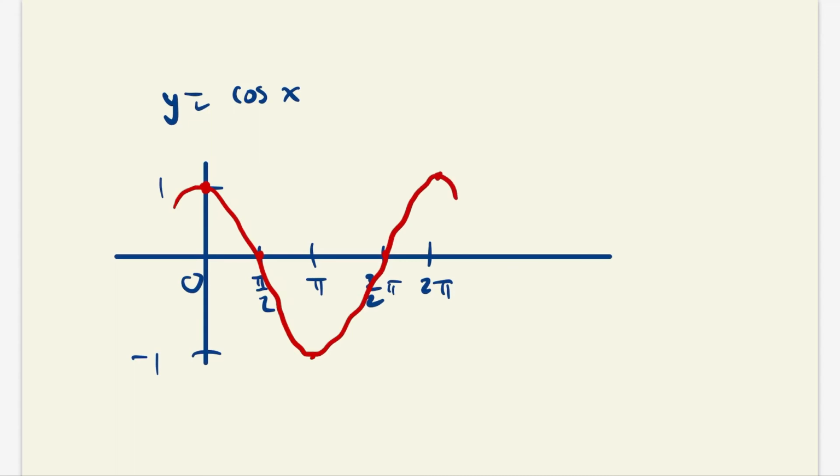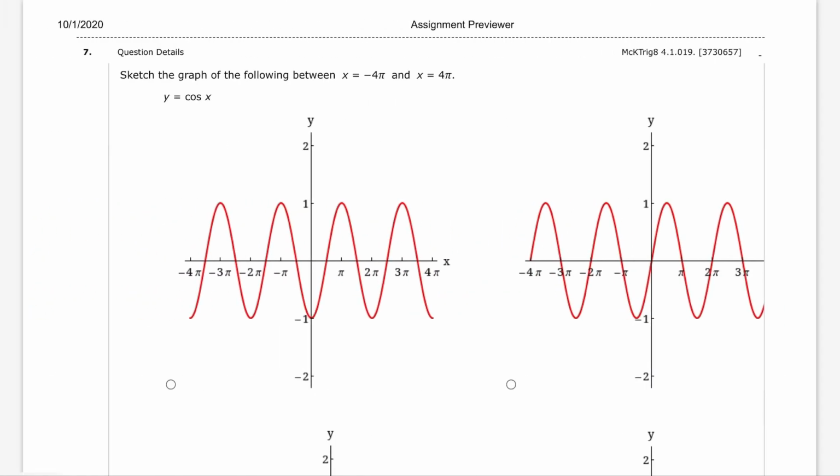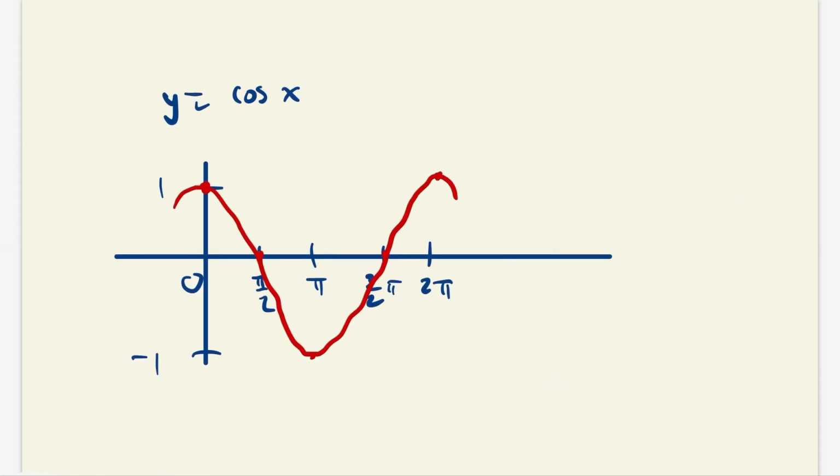And since they want us to go all the way to 4 pi and to -4 pi, then you would just extend that out in both directions. So you would basically copy and paste and continue that. So maybe about here somewhere. 1/2 pi, pi, 3/2 pi, 4 pi.